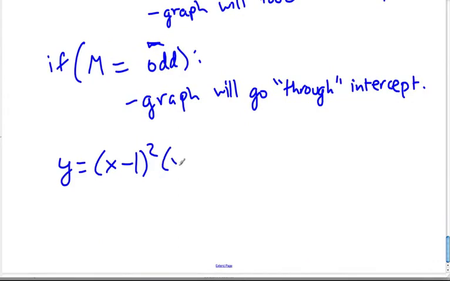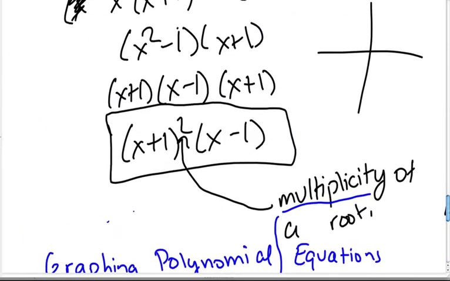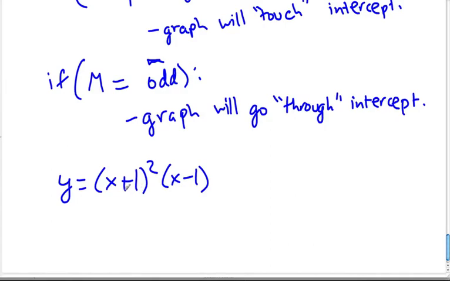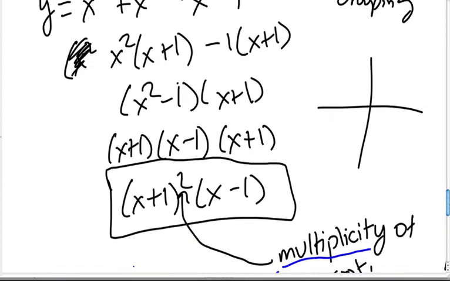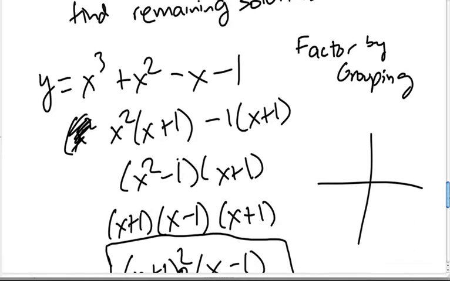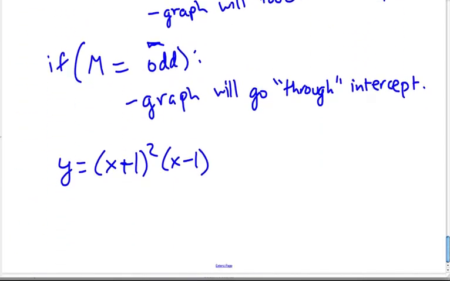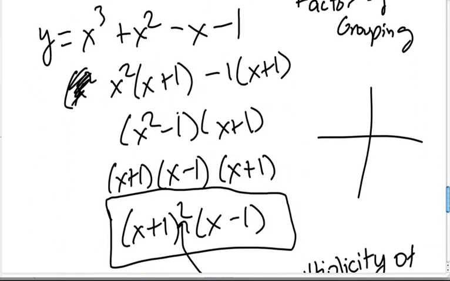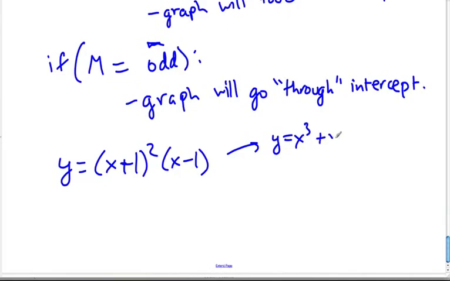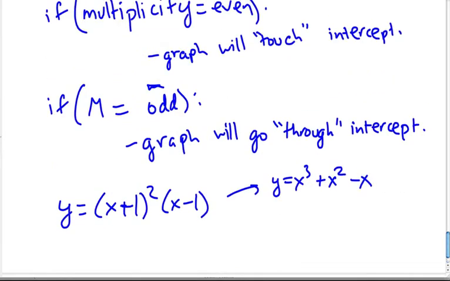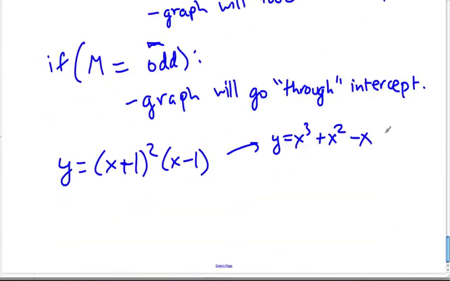times (x minus 1). Oh wait, (x plus 1) squared times (x minus 1) rather. And this came from the original equation, y equals x cubed minus x squared minus x plus 1.